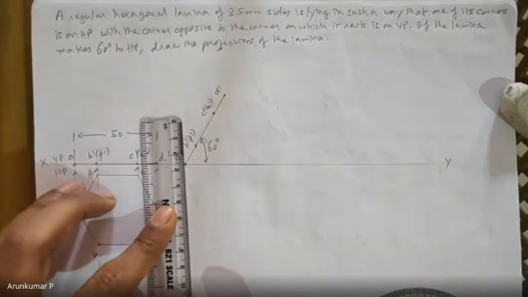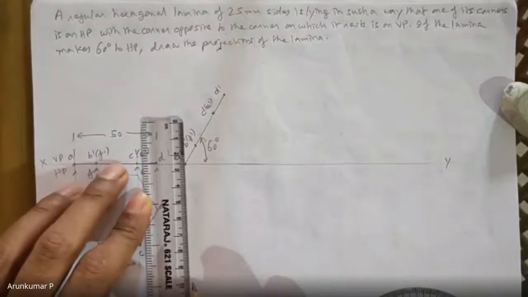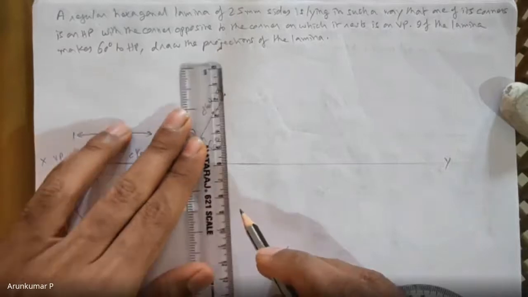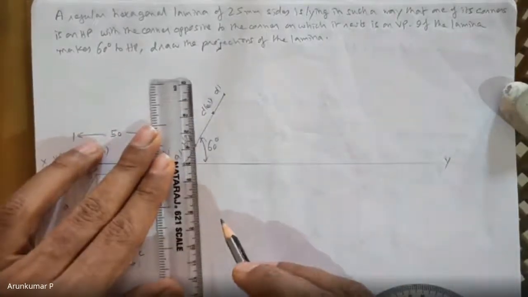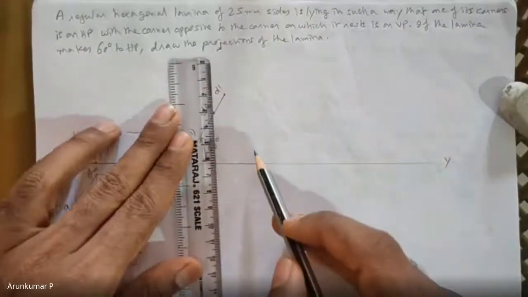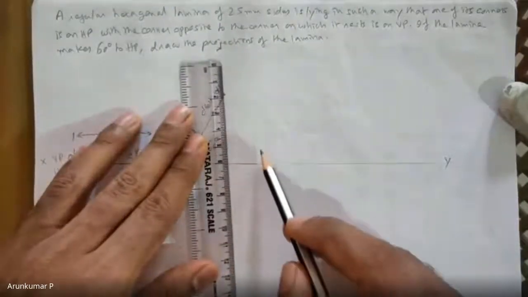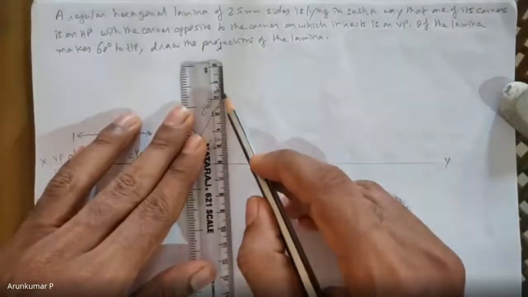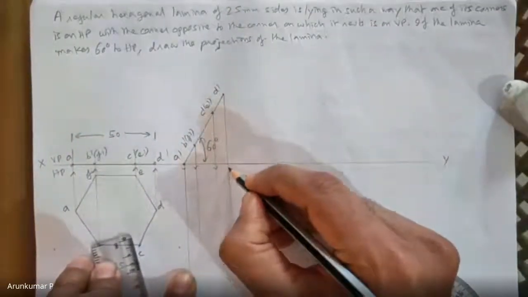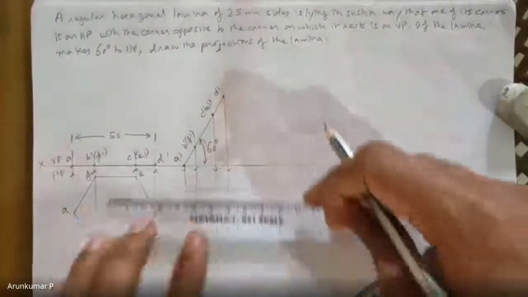To get the second step top view, you need four vertical projectors from the second step front view. One, two, three, and three horizontal projectors from the first step top view.